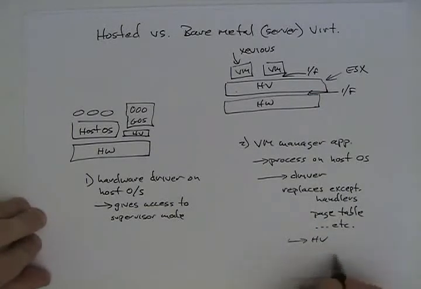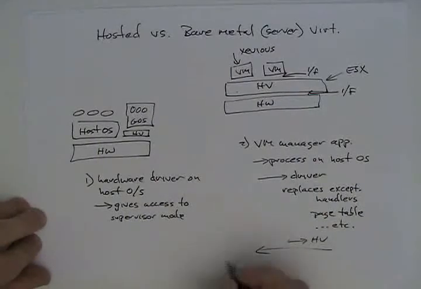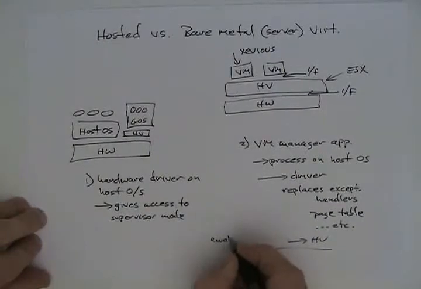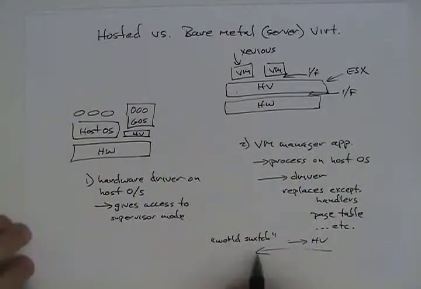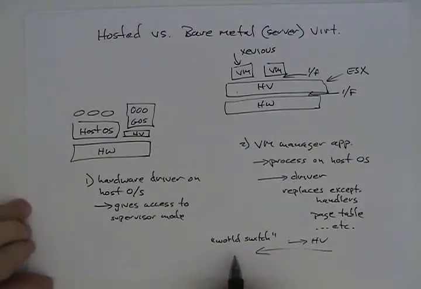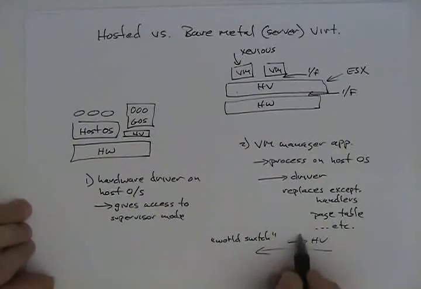So we end up breaking out of the hypervisor and doing what at least VMware calls a world switch, which basically means we switch everything back to the way it used to be.